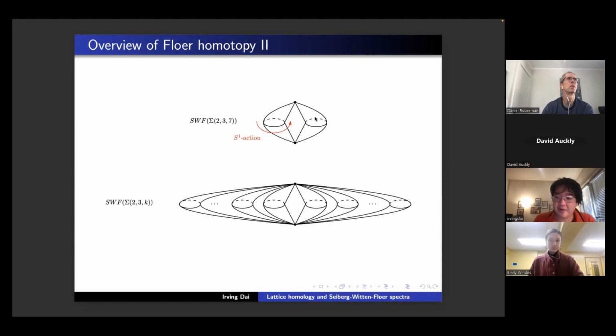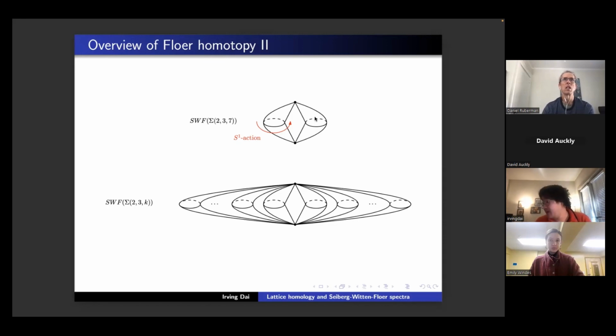That doesn't help you for computing the homotopy type, because just because the critical points lie in the same mod 2 grading, you could, of course, have some non-trivial moduli space of flows between two critical points in very different gradings. So that could still result in a very interesting homotopy type, even though the differential on the chain complex is, of course, trivial. So that's an example of why direct computation of the Seiberg-Witten-Floer spectrum is very, very difficult.